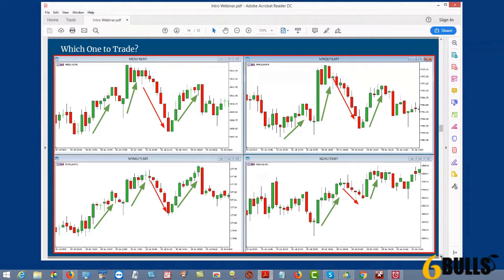And the way indices work, they're called weighted indices, which means the more expensive stocks like Microsoft and Amazon and Google, these big heavy stocks, are what drive the pricing of the index.